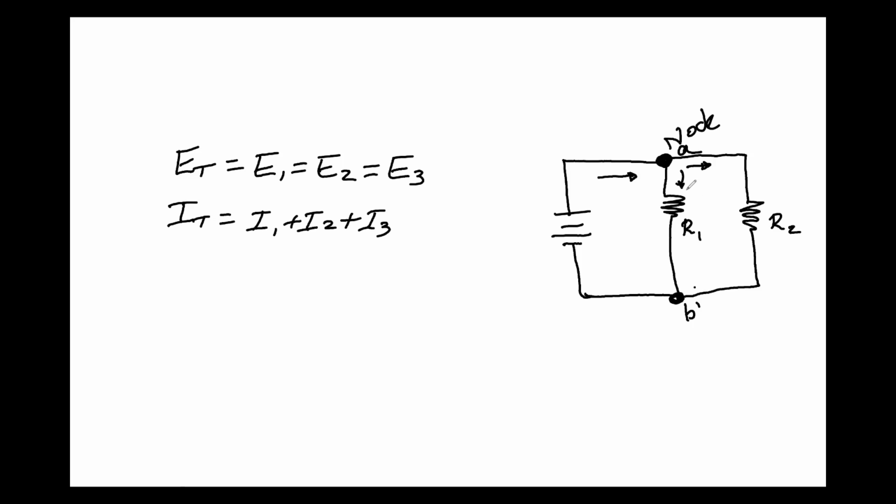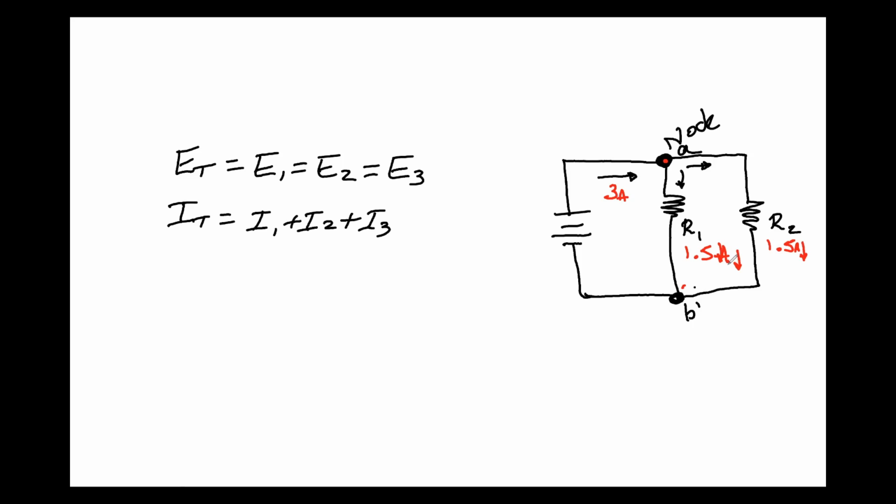Meaning that if I have, let's say, 3 amps getting into that node, the current is going to split. Let's say that in this case, we have 2 resistors of equal value. So I would be getting 1.5 amps on both resistors. Any questions about that? No. Okay, so we're good.